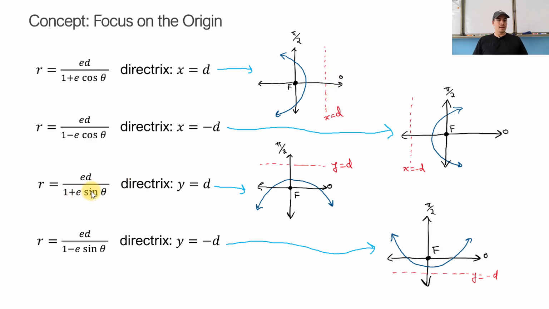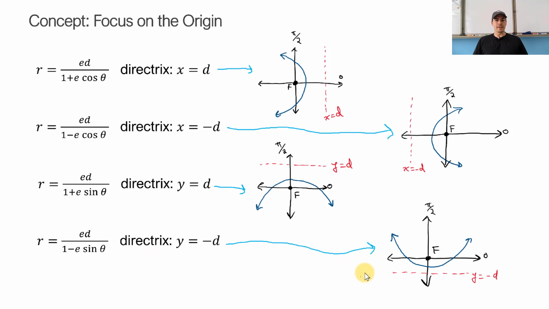And then likewise, if I have sine theta in my function, then I'm going to have an upward or downward facing conic. Okay, and then if I have plus e sine theta, then I'm going to have a directrix that is above the pole, and minus sine theta, y is equal to negative d.